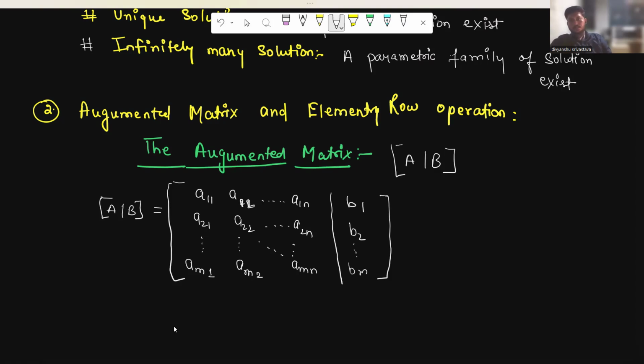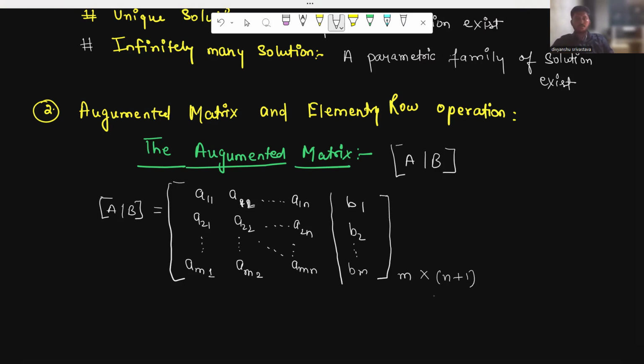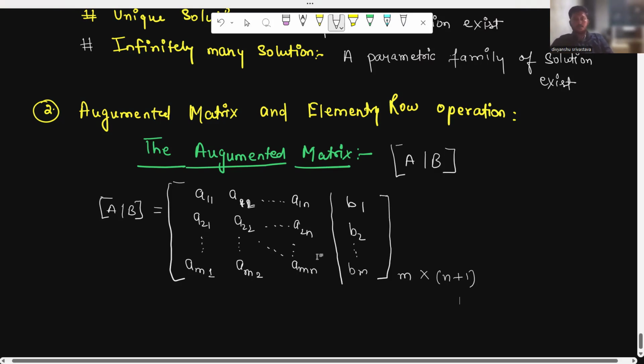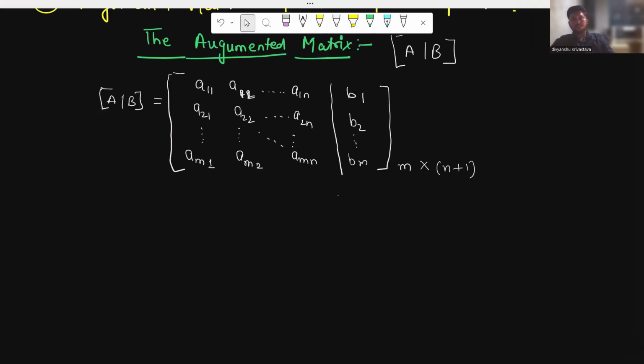So the dimension is m cross n plus 1. You may write it like this. Next one is elementary row operations, section 2.2, that is EROs.